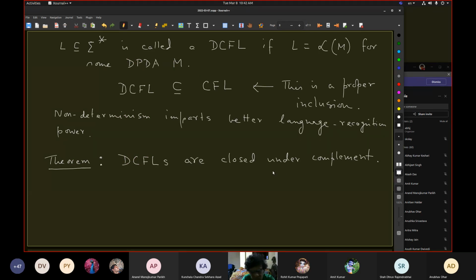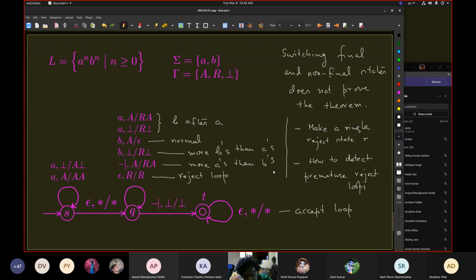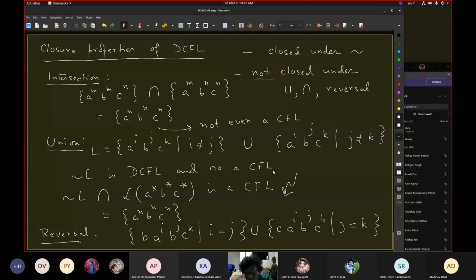I suggest that SK should take over and go into our next kind of machines, that is Turing machines. If you have any questions about deterministic context-free languages or anything related to that, let me know. And if not, I will hand over to SK.